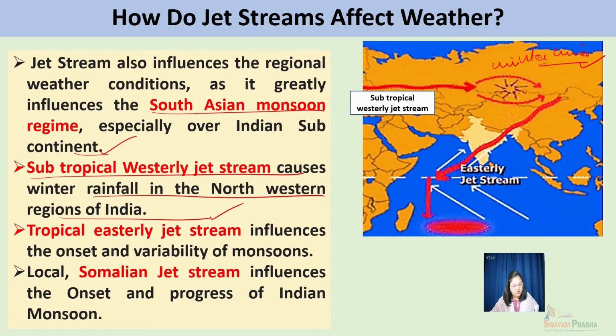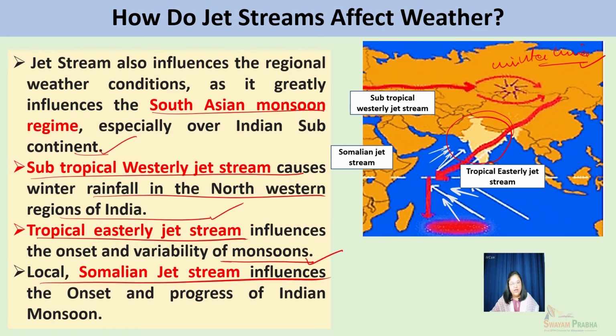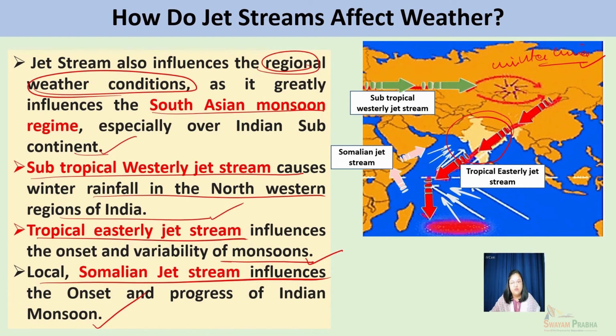Besides this, the tropical jet stream influences the onset and variability of monsoons in the Indian subcontinent, and local jet streams like the Somalian jet stream also influence the onset and progress of the Indian monsoon. So jet streams may have a very wide impact, whereas they may regionally influence the weather conditions of an area.